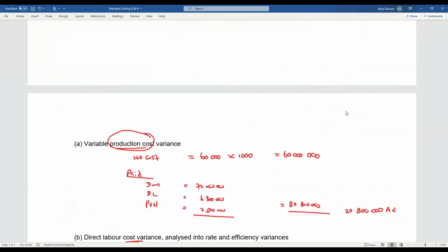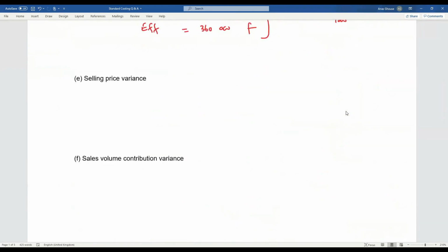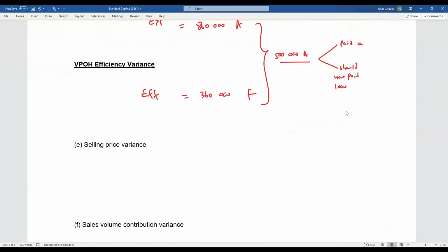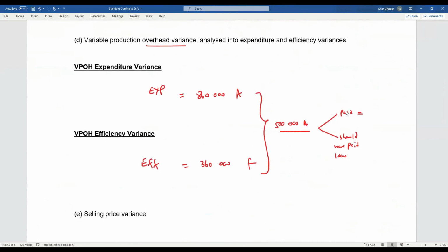So total standard cost, we paid 2,500,000 and we should have paid at the rate of 2,000, so that will be 2 million. So the total variance is adverse 500,000.